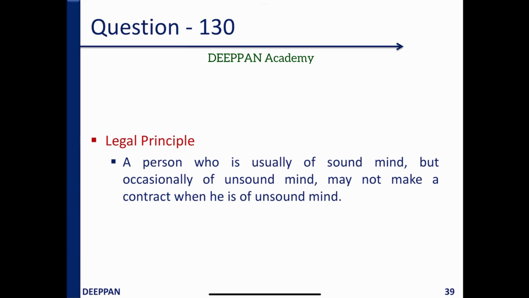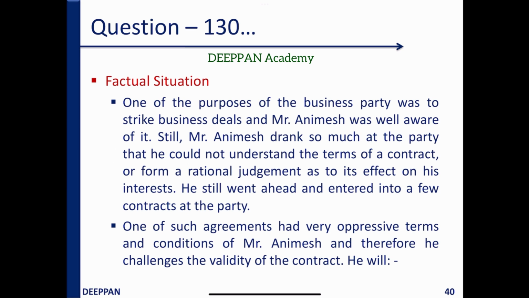Legal principle: a person who is usually of sound mind but occasionally of unsound mind may not make a contract when he is of unsound mind. Factual situation: one of the purposes of the business party was to strike business deals and Mr. Animesh was well aware of it. Still, Mr. Animesh drank so much at the party that he could not understand the terms of a contract or form a rational judgment as to its effect on his interest.